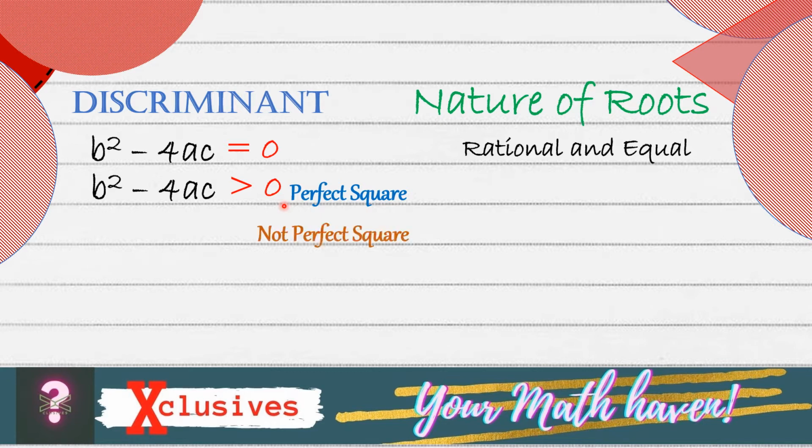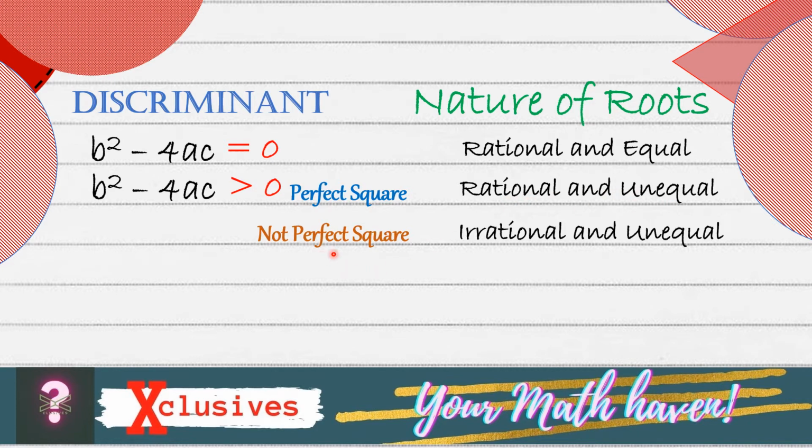And the other is numbers that are not perfect squares. If our discriminant is a perfect square number, then the nature of its roots is rational and unequal. And if it is not a perfect square, then it is irrational and unequal. And if our discriminant is lesser than 0 or negative numbers, then our nature of the roots is no real roots.